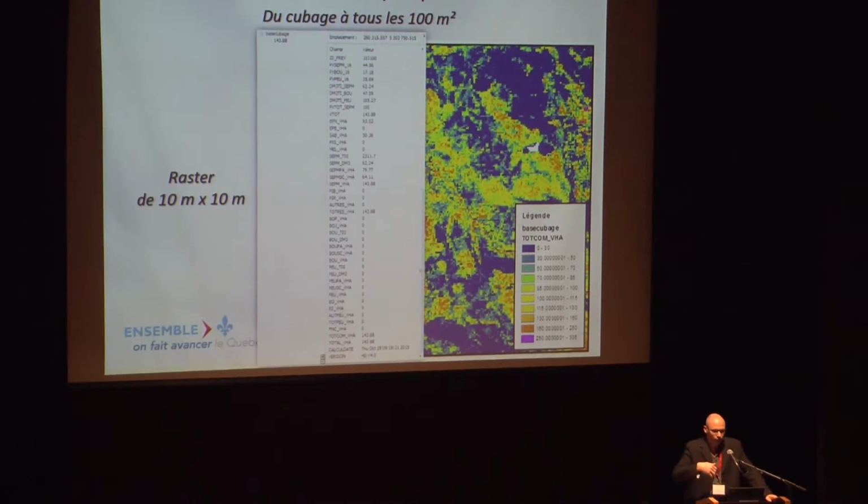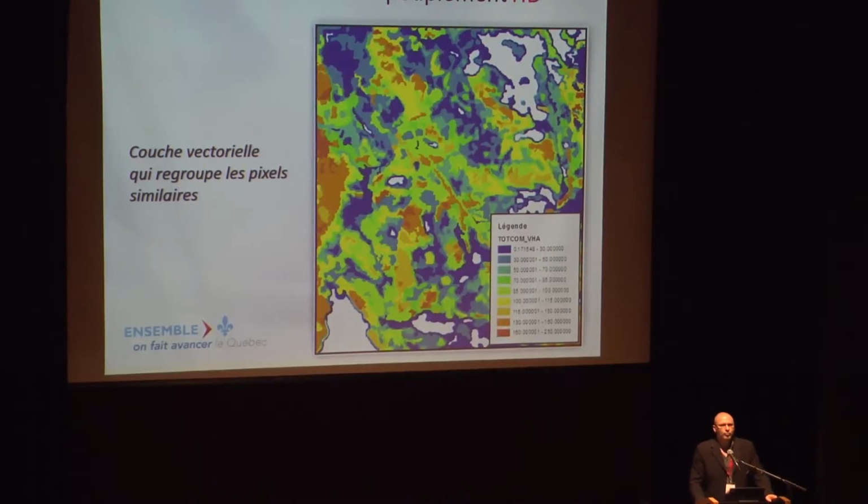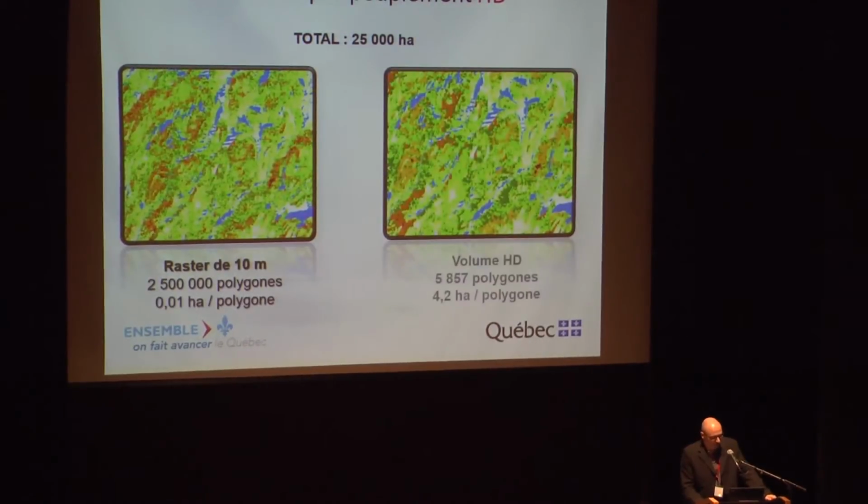per species, and you have all the species that are in a different layer. So it's very precise, and within 10 meters, 10 square meters, it's very precise. So we make a vectorial layer that brings all this information together, and we decrease the number of polygons, but we decrease very little the level of precision.